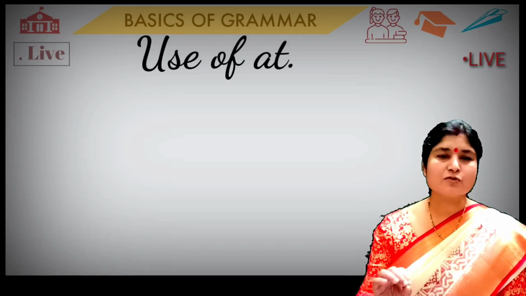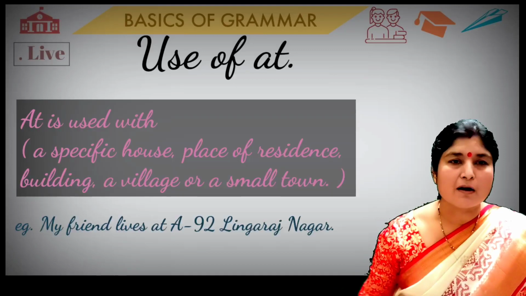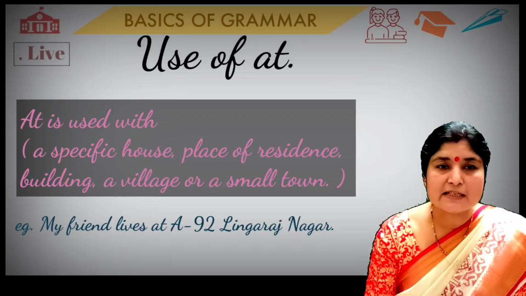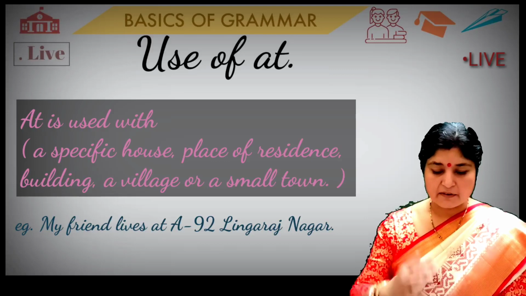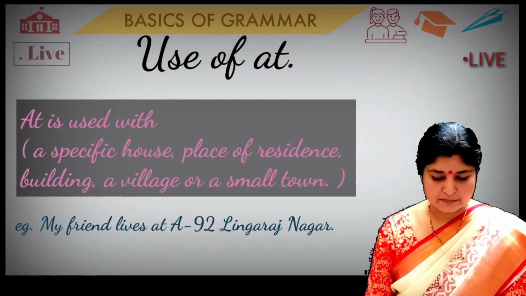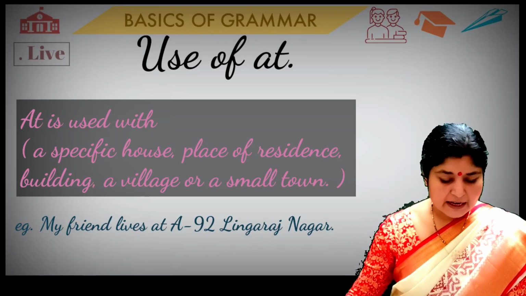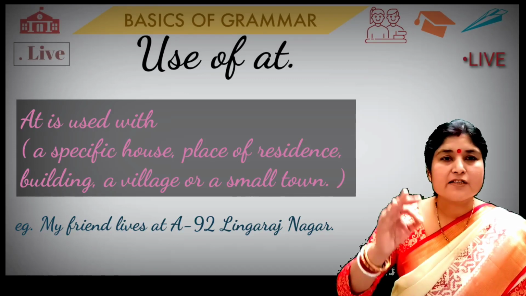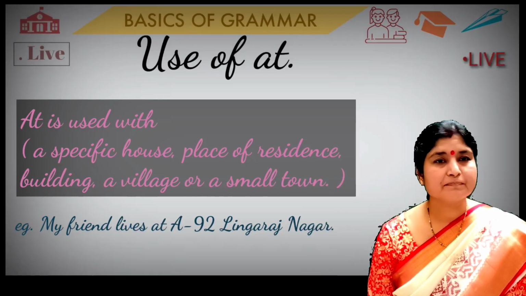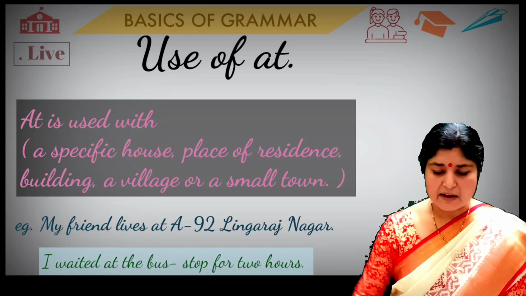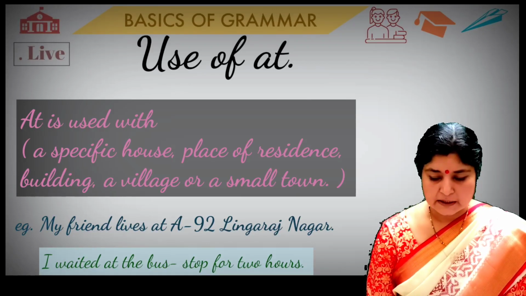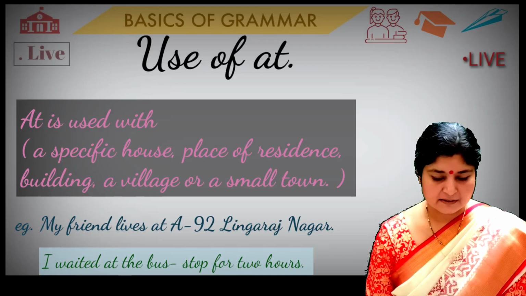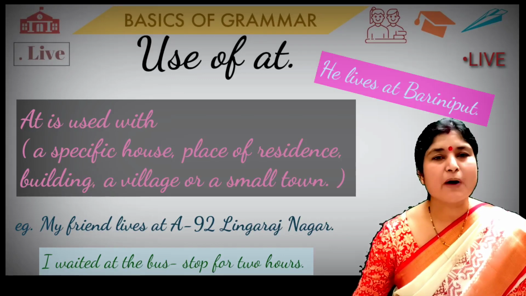So at is used with a specific house, place of residence, building, a village or a small town. For example, my friend lives at A92 Lingaraj Nagar. I waited at the bus stop for 2 hours. He lives at Barniput.